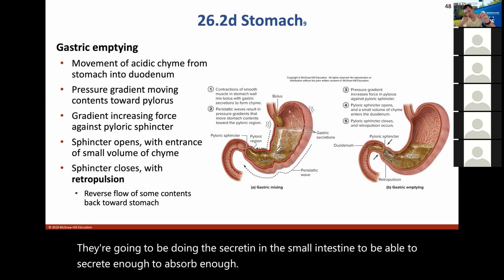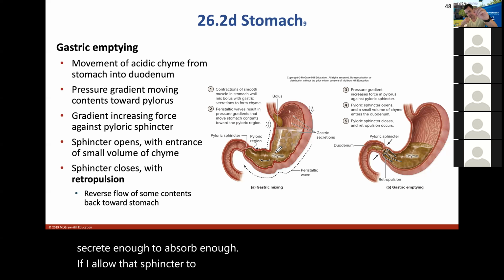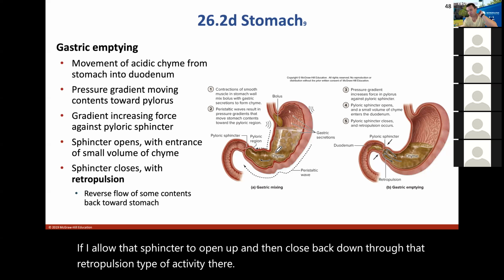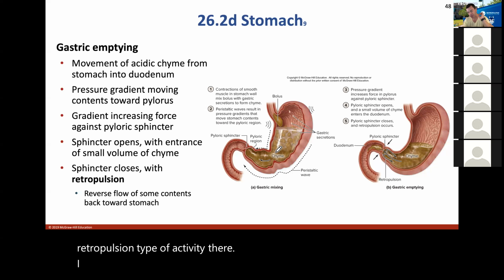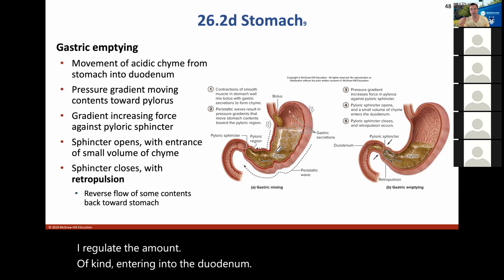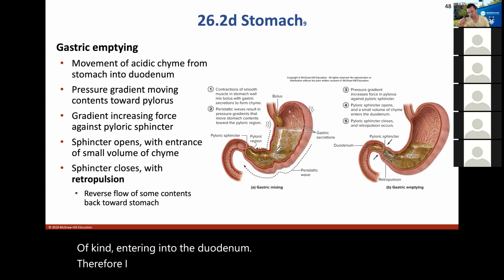If I allow that sphincter to open up and then close back down through that retropulsion type of activity, I regulate the amount of chyme entering into the duodenum. Therefore, I can maximize absorption. That's the only significant reason to know that word retropulsion.